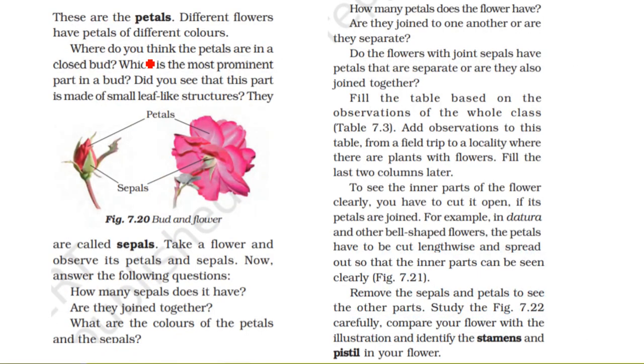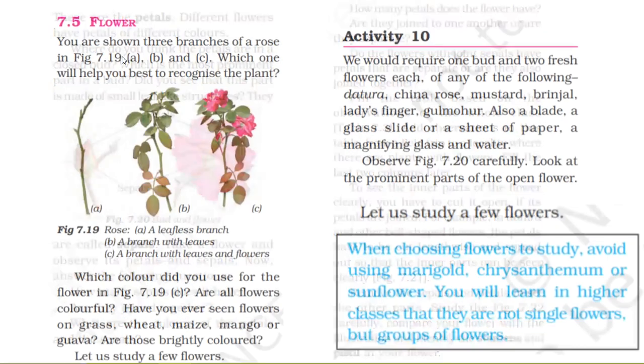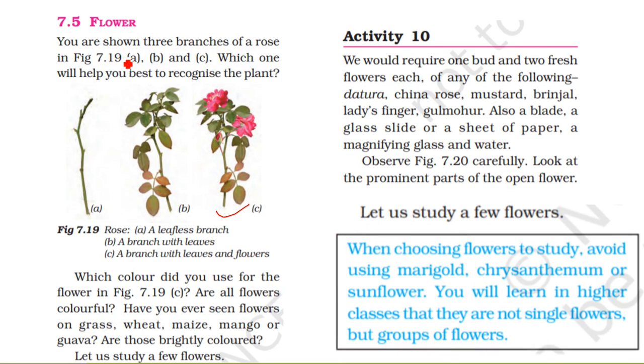Now we will take these structures and observe them. After observing them, we will see that some flowers are not single flowers. They are a group of flowers like sunflower, chrysanthemum, marigold. These are not a single flower. They are a group of flowers grouped together to make a single structure.